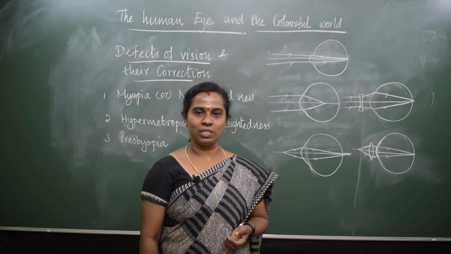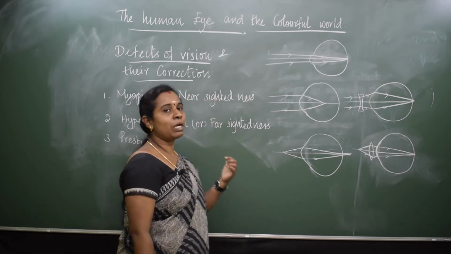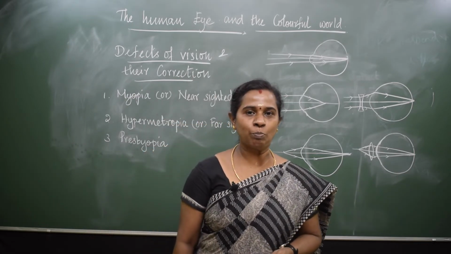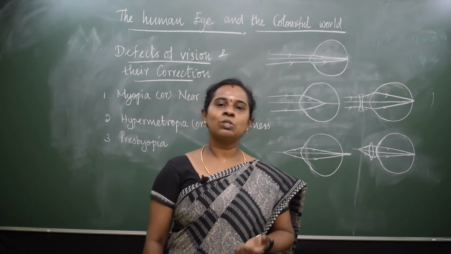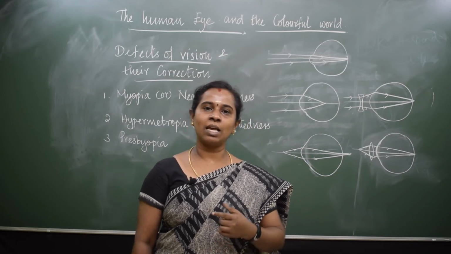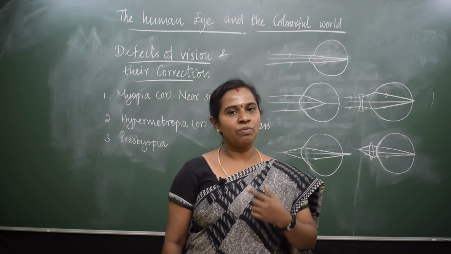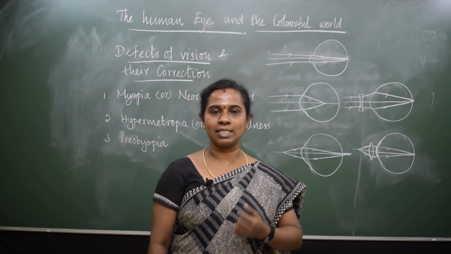One more defect is presbyopia. What is meant by presbyopia? This happens for old or aged people. In a normal adult eye, the ciliary muscles have good flexibility. With the help of the ciliary muscles, we can adjust the focal length, as I already said.